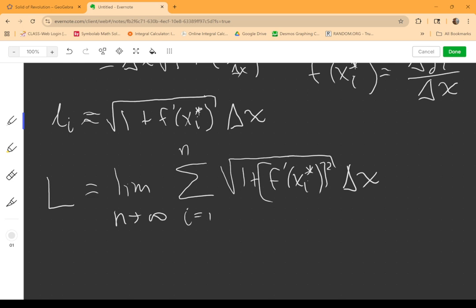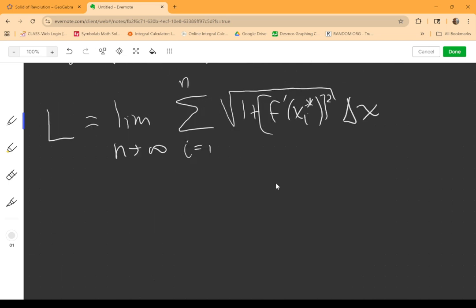Delta x is approaching 0 as n goes to infinity, and x sub i star is also approaching values trapped in this interval as they get smaller and smaller. We've seen that this is a Riemann sum that converges, and the convergence of a Riemann sum is a definite integral.